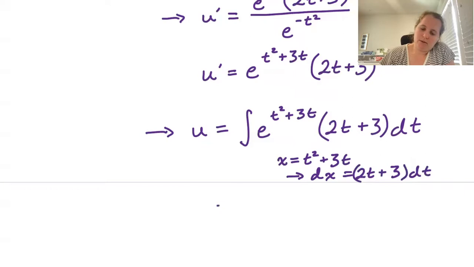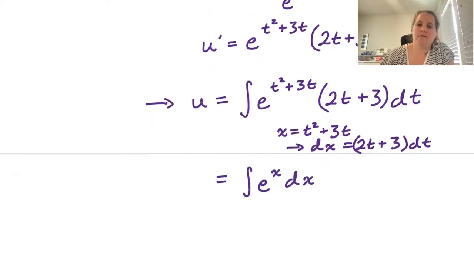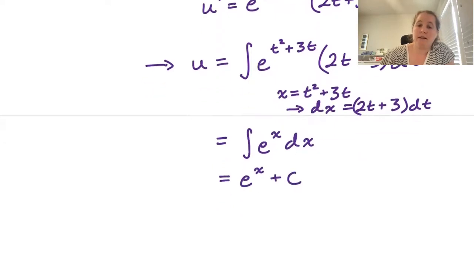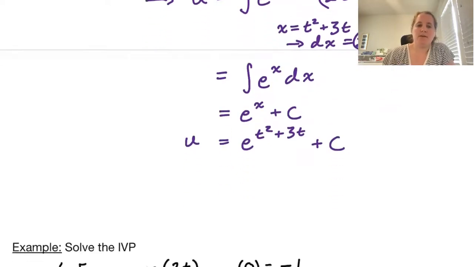So this integral in terms of x, we're just looking at the integral of e to the x dx, or e to the x plus c. Going back into t's, we have u is equal to e to the t squared plus 3t plus c.